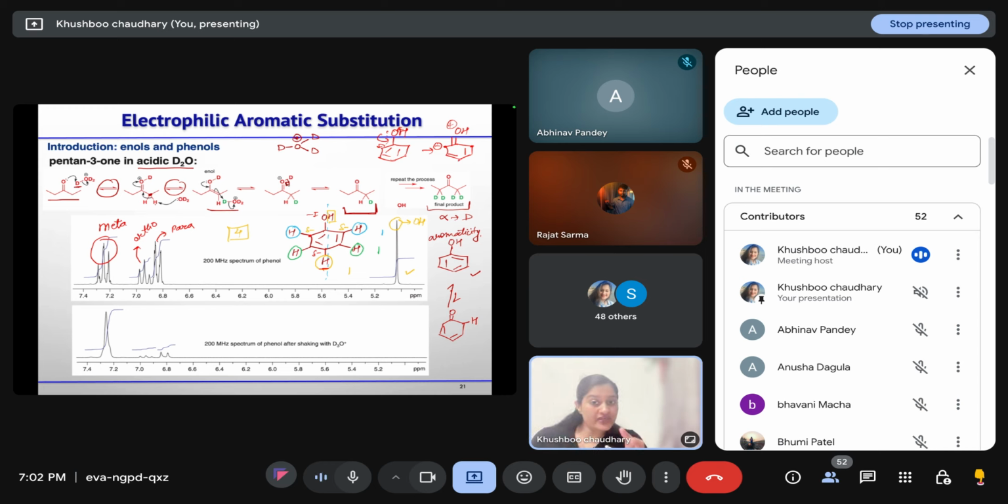That means more electron density will be there at ortho and para positions, so the protons are shielded. Correct? Yes, ma'am. But electron density will never be more at the meta position, so these meta protons will be more deshielded.